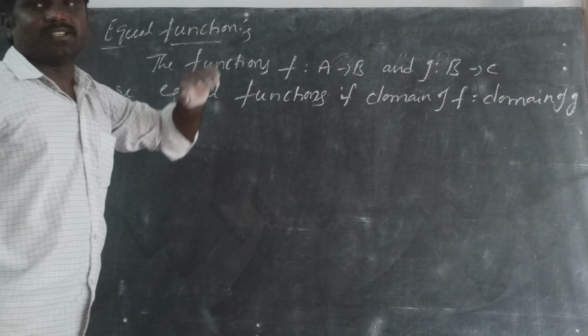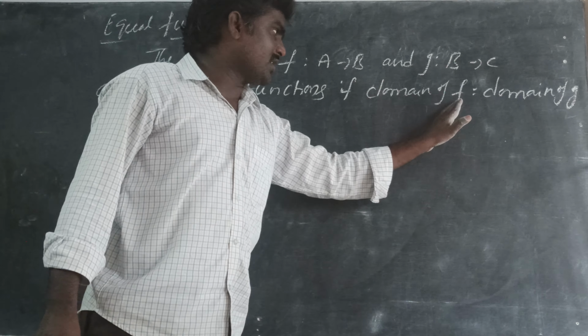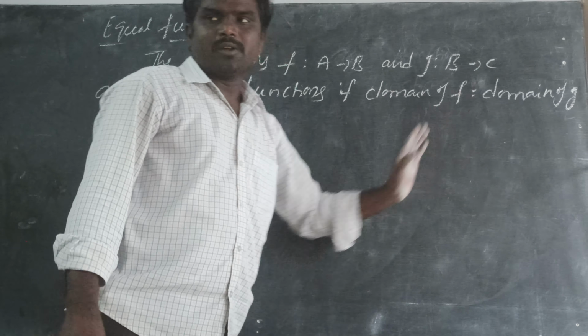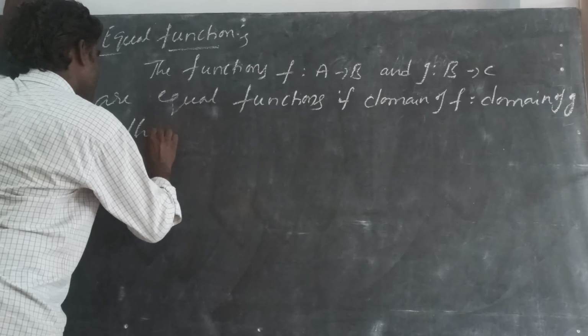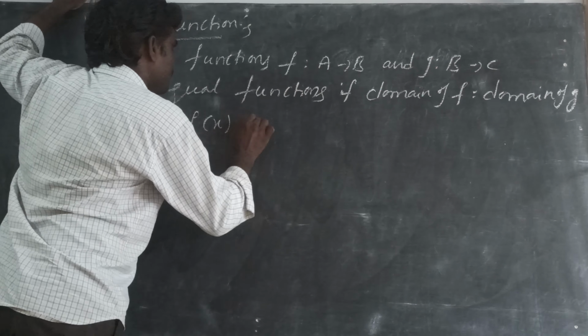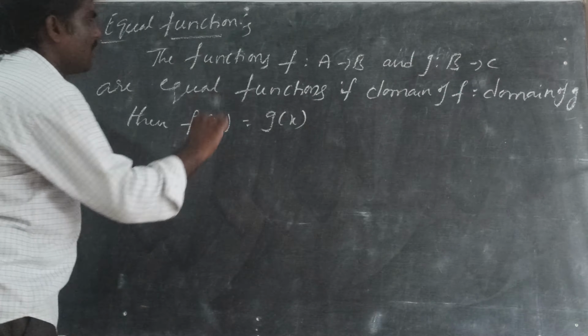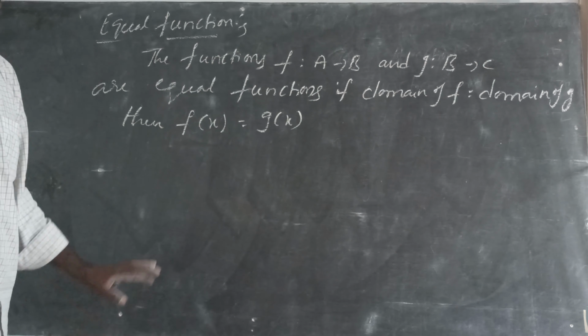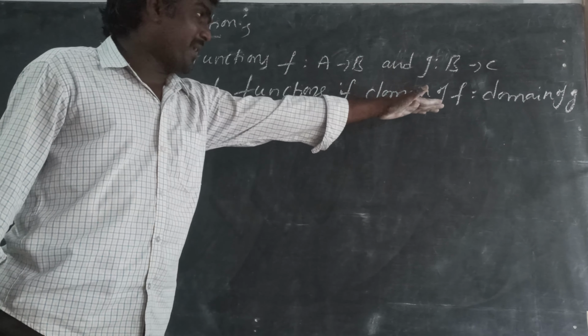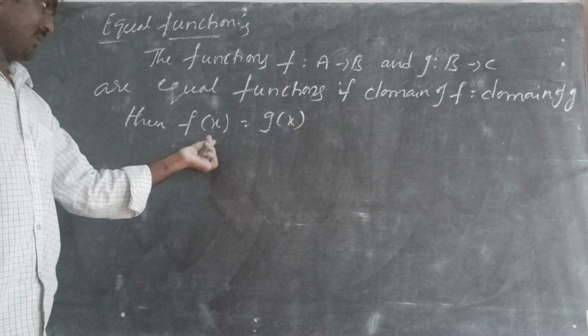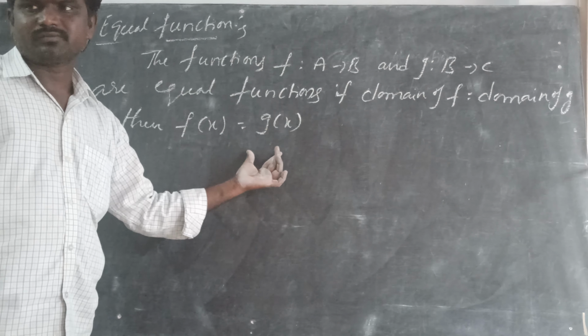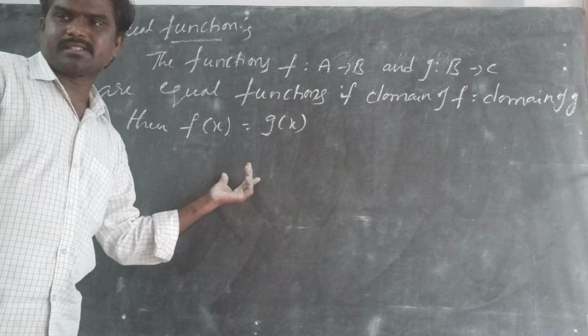Then f of x is equal to g of x are called equal functions. If any two functions are equal, then their domains are equal, then their images are equal.